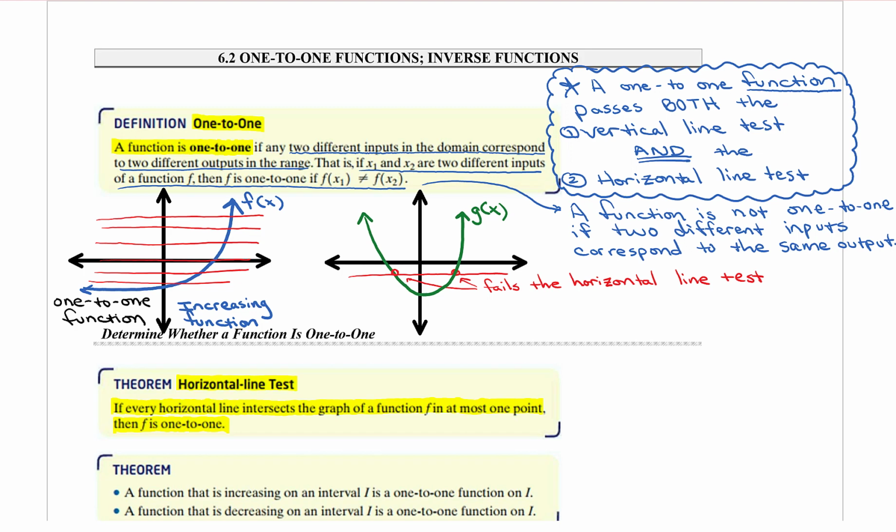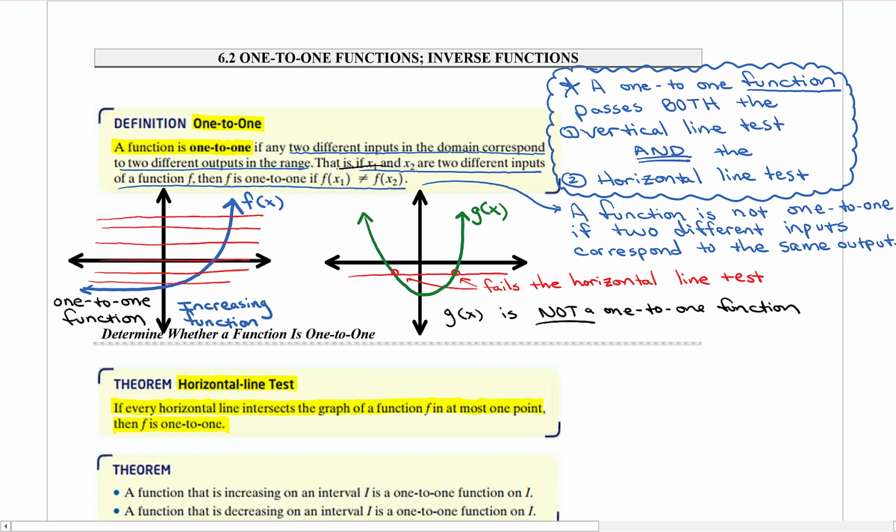Therefore, even though this is a function, it is not a one-to-one function. Hopefully that helps clarify a little bit about what is a one-to-one function and what is not.